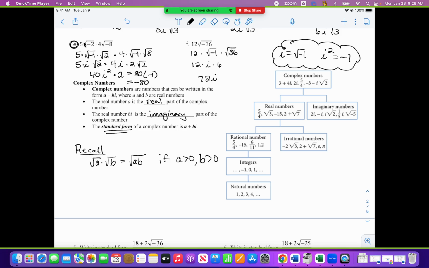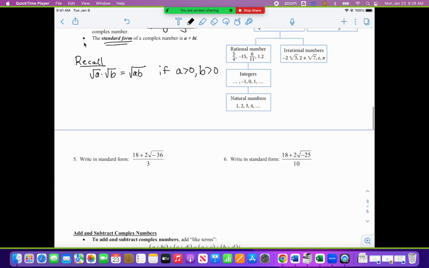Irrational are numbers like square roots and pi. Under the rational are the integers, and under those we actually had one other one, whole numbers, which include 0, and then the natural numbers. So from this moment forward, everything is a complex number. We just have a real part and an imaginary part.